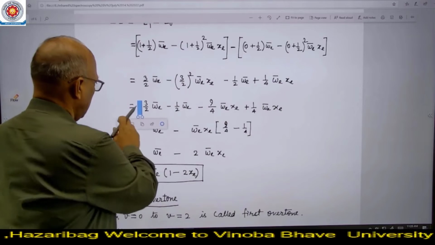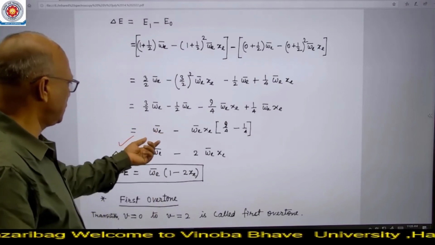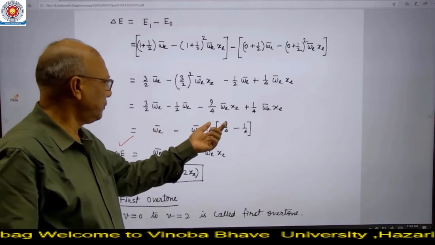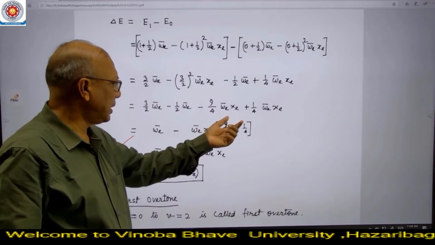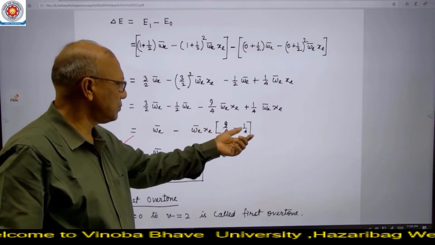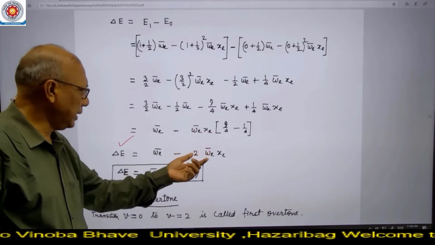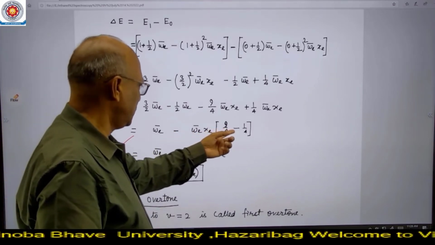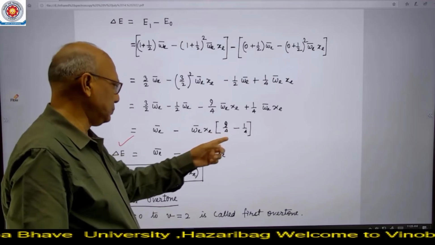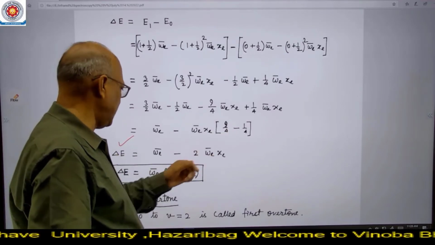For these two values, the simplification is omega E bar, and here we take the common omega E bar into Xe. 9 by 4 minus 1 by 4 inside the bracket, when calculated, is equal to 2. So 2 into omega E bar into Xe.